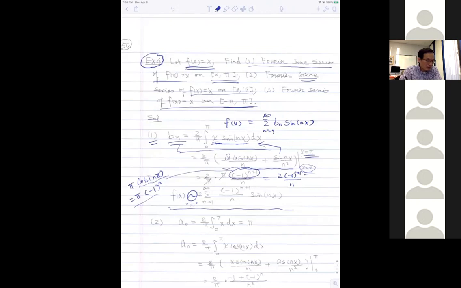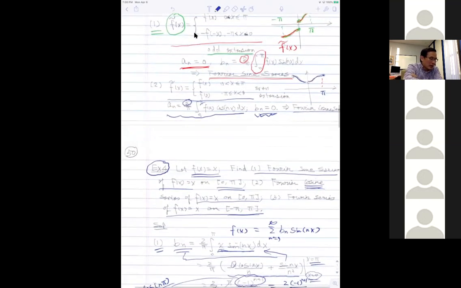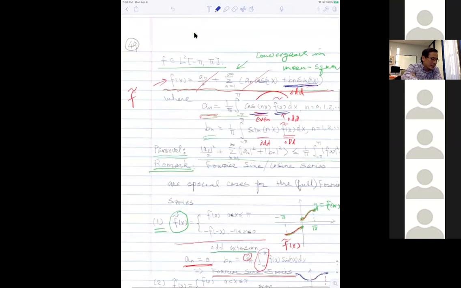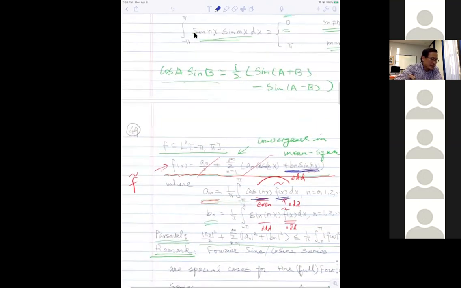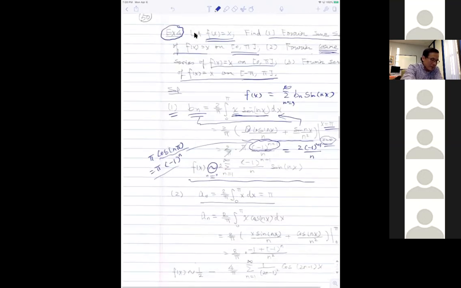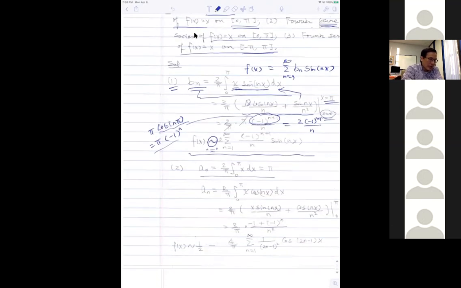Let's continue. Now, for calculating the Fourier cosine series, we do the computation as before using this formula that I keep above here in the previous pages. Then we calculate a0 and an.